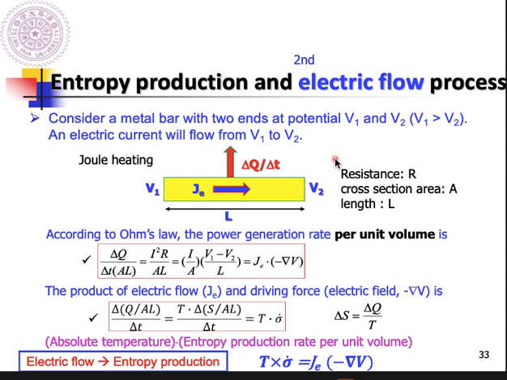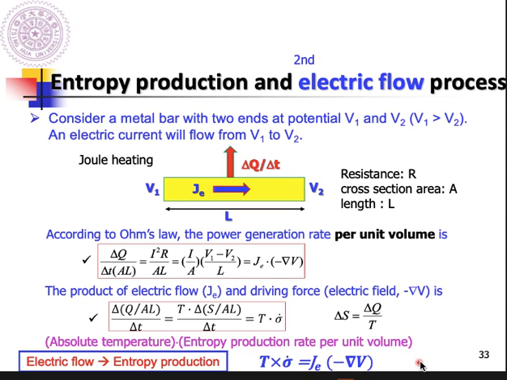And we also give you a second example, the electrical flow process. In the beginning, we have a metal bar. Then we connect this metal bar to a battery, with the electrical potential V1 and V2, V1 minus V2. After serious calculation, we also demonstrate that you can simply calculate the entropy production rate per volume in the system as long as you know the current density, how much current flows through the material, and the electrical field you apply on the system.